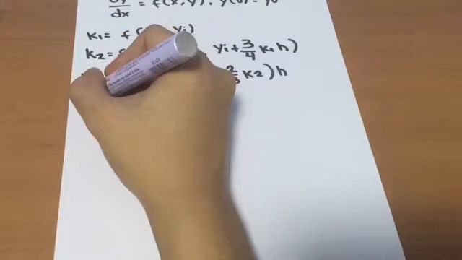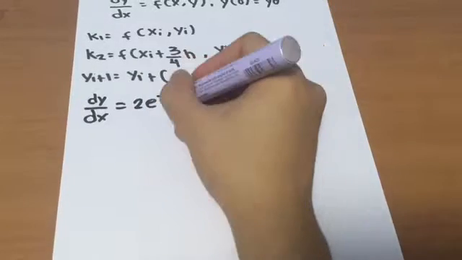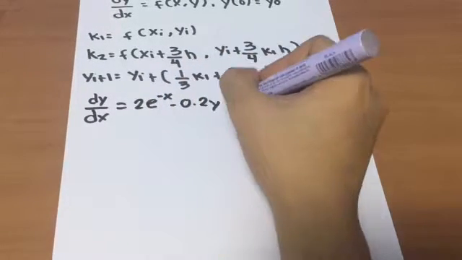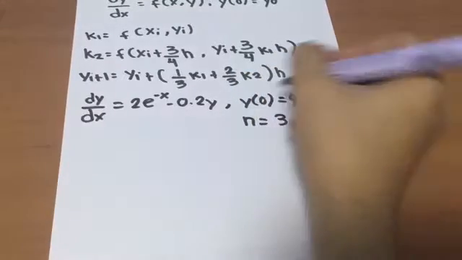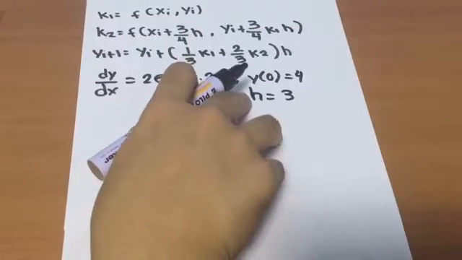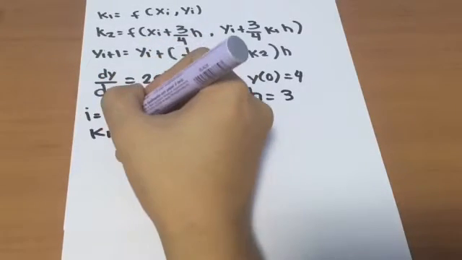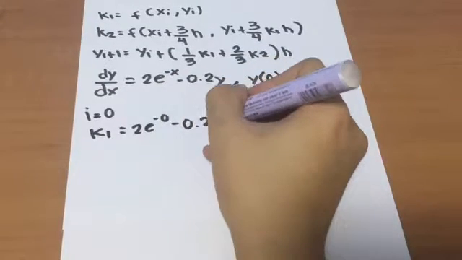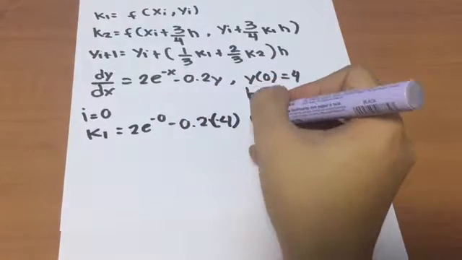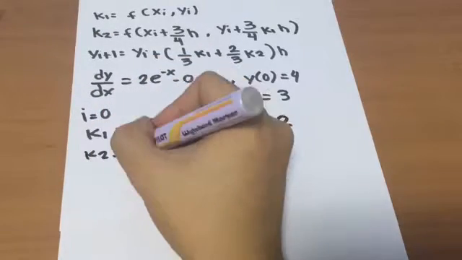So like the other methods in ODE, we have to remember that we can only solve our equation if it is in the form of dy over dx. So that will be the very first thing that we should do in solving our ODE method. So we solve for our k1, which is equal to 1.2, just like the others.